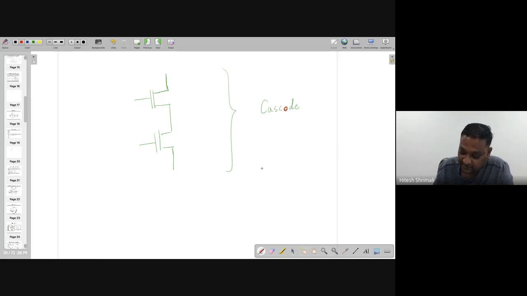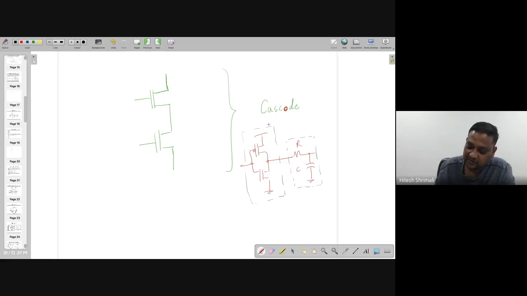Means if you have a circuit like this, and I am connecting this to, let's say, another circuit which is an RC like this, then I can say that I am cascading the inverter with the RC circuit because they are connected like this. So then it's a cascade. Output of one circuit is connected to the input of another circuit, then it's known as the cascade.